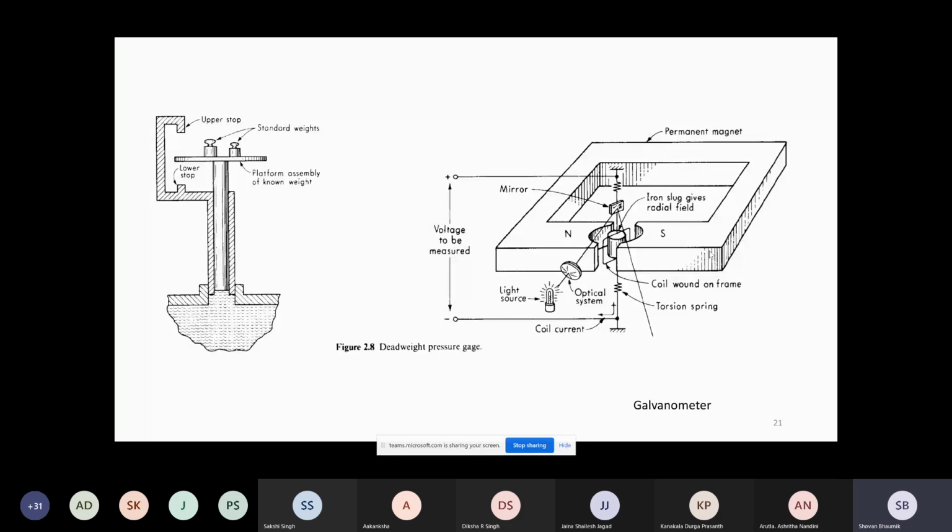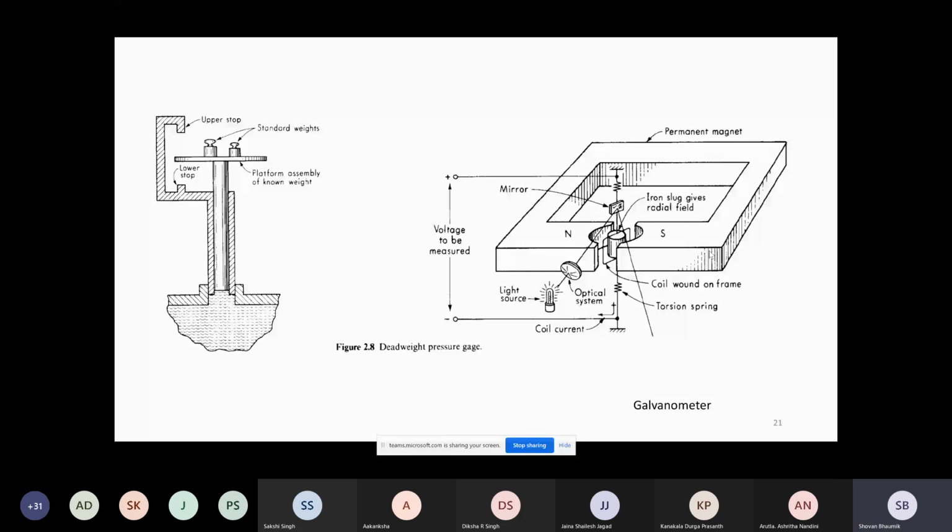Based on the scale measurement and other formulas, you can determine the current, the voltage, and even the charge passing through it. It's a very sensitive device. This is called the galvanometer, a beautiful example of the deflection type. Now you have a null type example and a deflection type example.